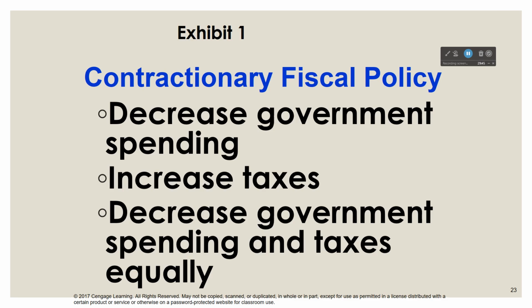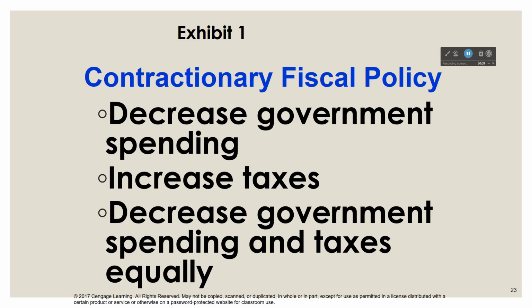So let's say we cut taxes by $100 billion. That $100 billion is going to go into people's bank accounts. But people don't spend all of their money. They save some too.